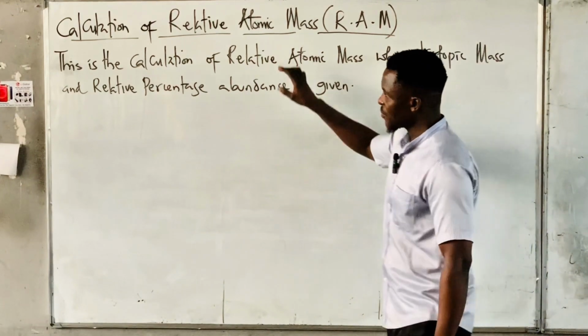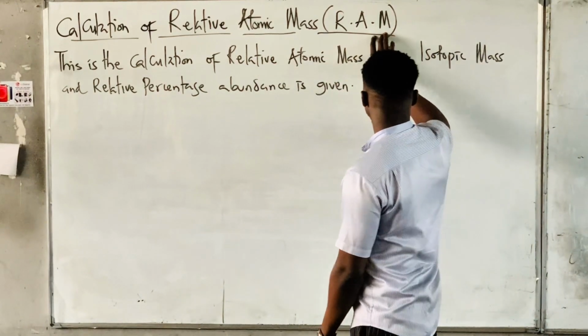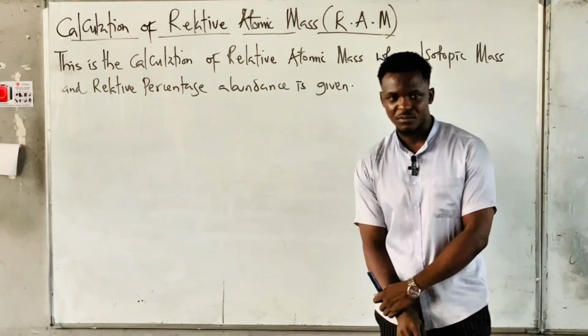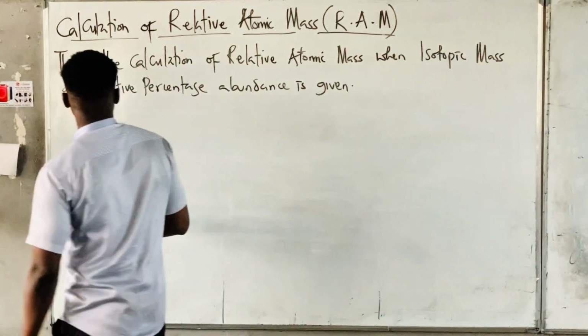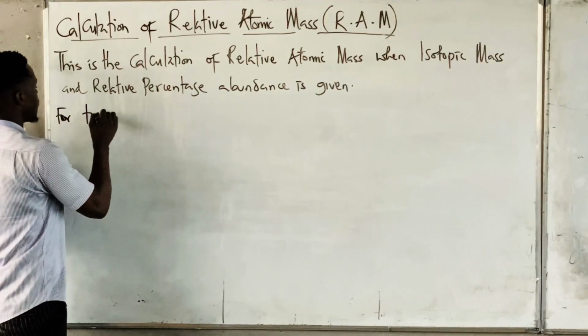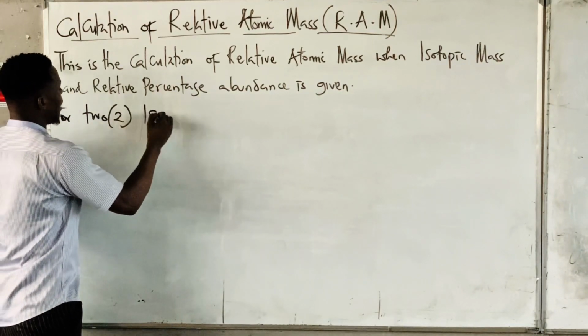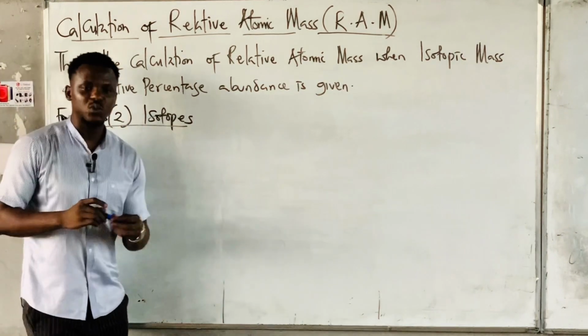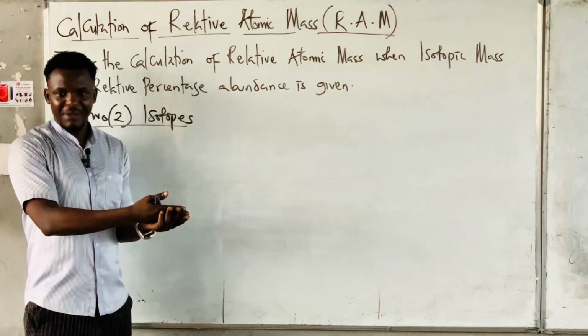So please look at this. The write-up says, this is a calculation of relative atomic mass when isotopic mass and their relative percentage abundance is given. Now the formula for that, I'll say for 2 isotopes, because we could have 3 isotopes. Two isotopes simply means two atoms with same atomic number but different mass number.